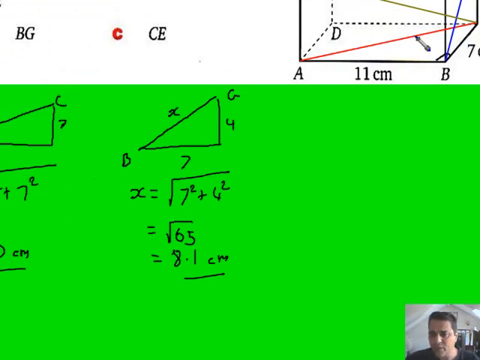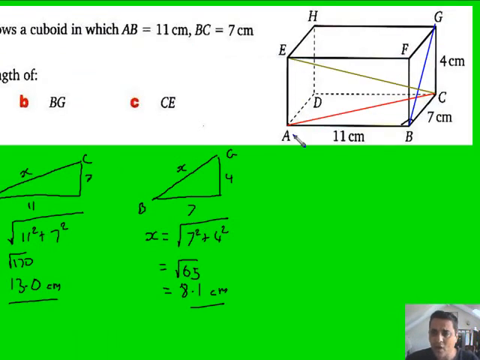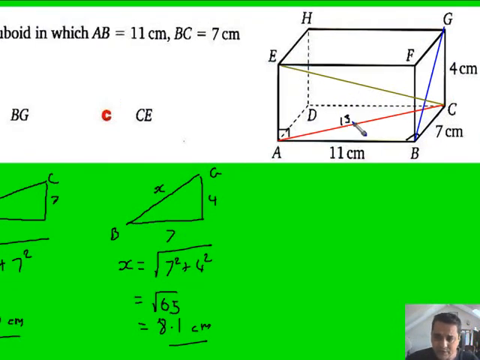We know the length of AC because we've worked it out here, and we know the height of AE because they're all 4s, aren't they? Therefore we can work out CE or EC, which is the hypotenuse of the triangle AEC. That's right angled, of course. We know this is 13.0 or just 13. We know the height here is 4. So effectively I've got a triangle that goes like this.